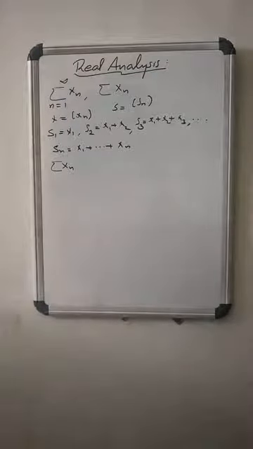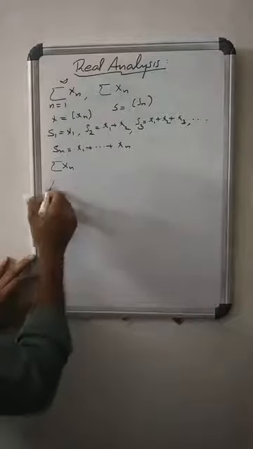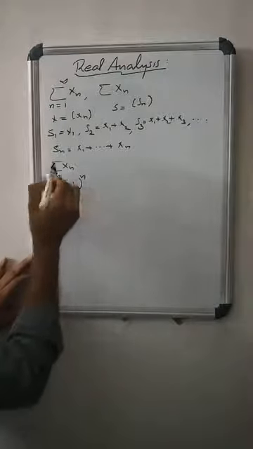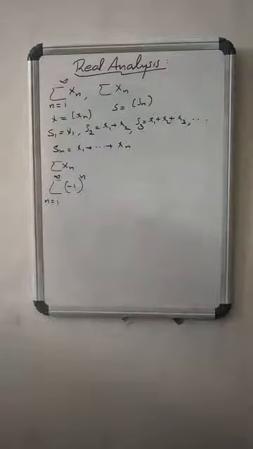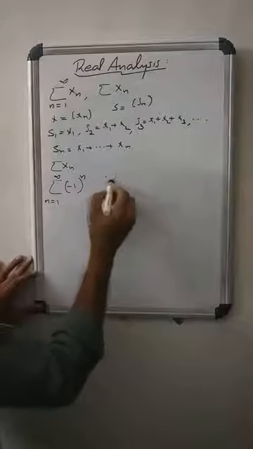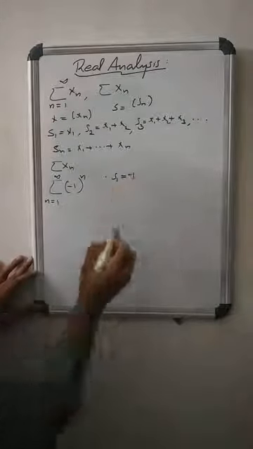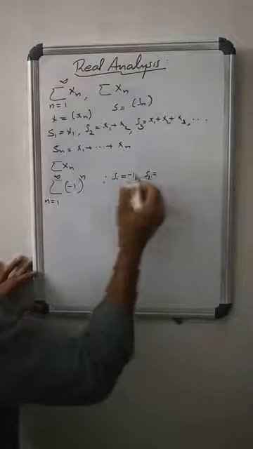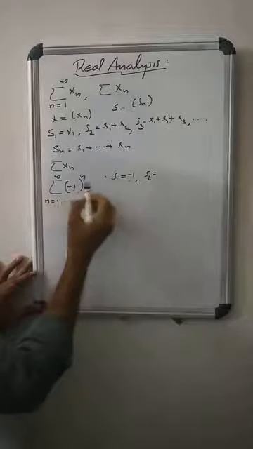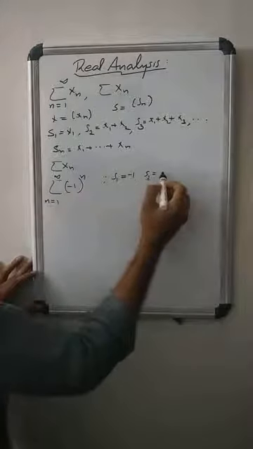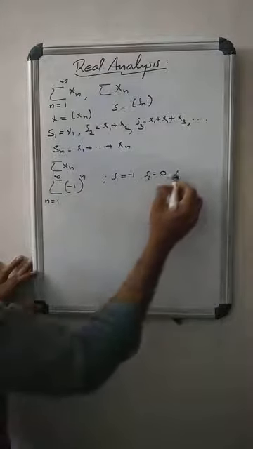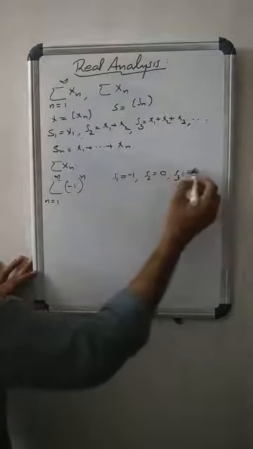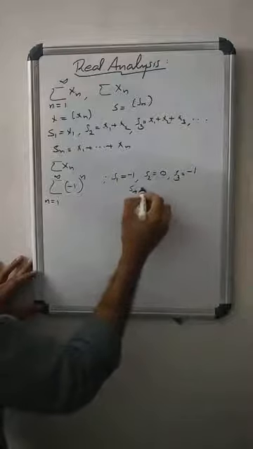Consider sigma minus 1 power n, n ranges from 1 to infinity. What is s1 here? s1 equals minus 1. s2 equals x1 plus x2, minus 1 plus 1, that is 0. s3 is minus 1 plus 1 minus 1, so it is minus 1. s4 is 0.